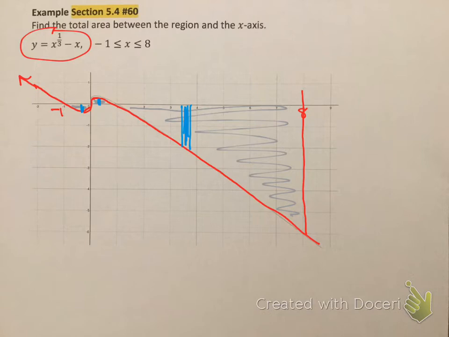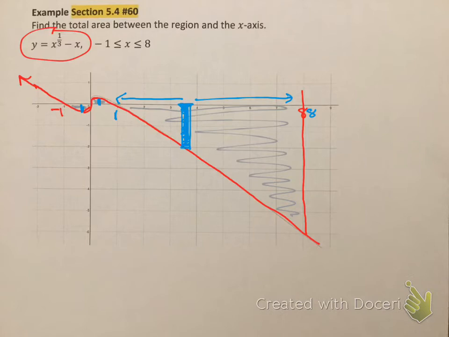So I want you to do something with me right now. I want you to imagine sliding this representative rectangle right here. It represents one of however many we want to put in there. And I want you to imagine sliding it this way until you get to 1, and then sliding it back this way until you get to 8. I want you to focus on the top and the bottom.